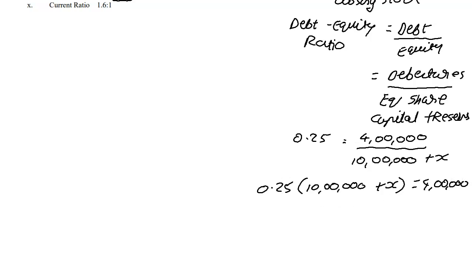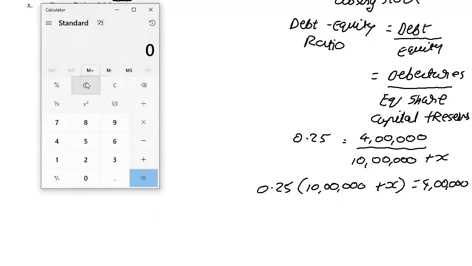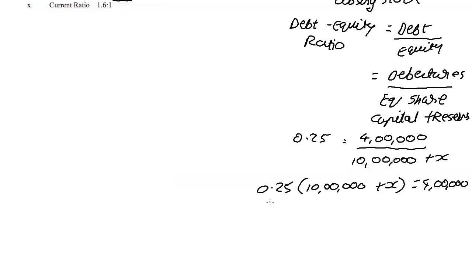So it's going to be 0.25 into 10 lakhs. For those of you good in maths, you can do this directly, or be safe and use the calculator. You're allowed a calculator. So it's going to be 2,50,000 plus 0.25x, which is going to be equal to 4 lakhs.